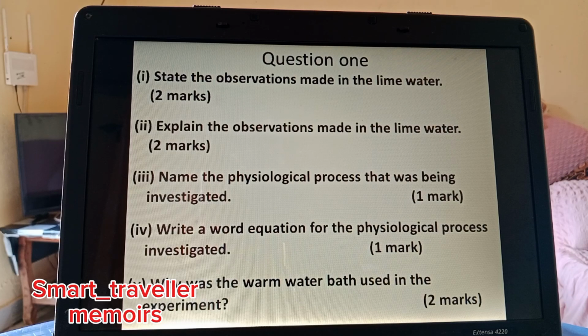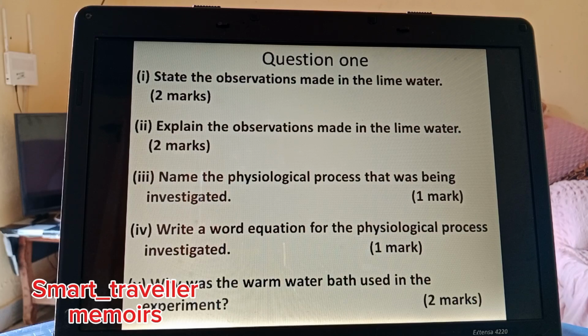State the observations made in the lime water is your first assignment. Explain the observations made in the lime water is your second assignment. Name the physiological process that was being investigated, your third. Write a word equation for the physiological process investigated.